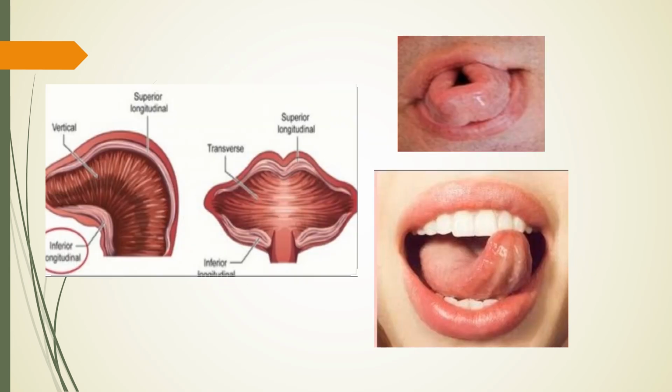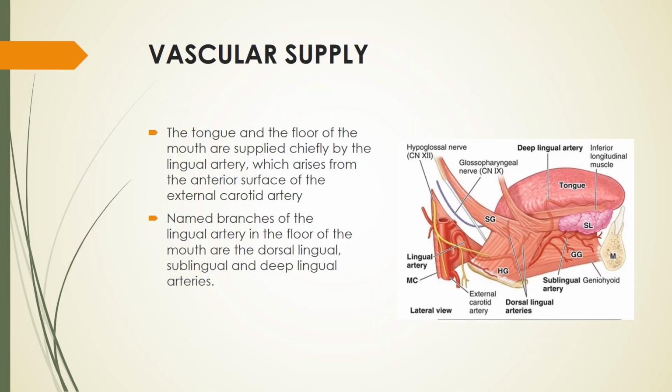In these diagrams, we can see the various movements of intrinsic muscles. Vascular supply of the tongue. First of all, arterial supply. The tongue and floor of the mouth are supplied chiefly by the lingual artery.